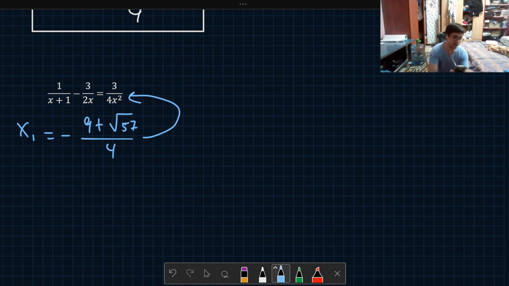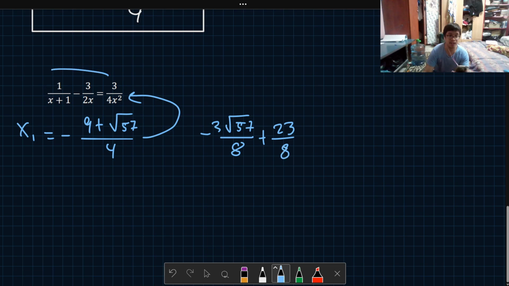According to my calculator, if I substitute that x value to the left side, I will have approximately 0.0043. Or in other words, this is basically the same as negative 3 square root of 57 all over 8 plus 23 all over 8. On the left side, when I substitute the x value, that's the result.